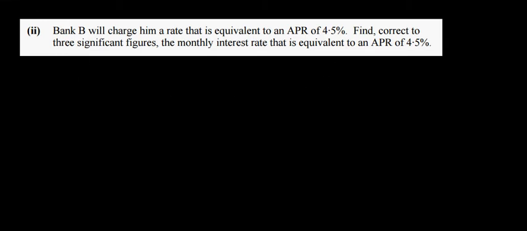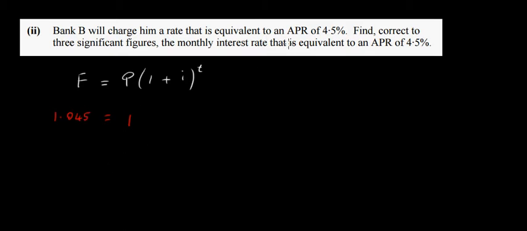So we're going to use F, our final value, is equal to our principal times 1 plus our rate as a decimal to the power of t. Now what we're going to do here then is again I'll use €1 here, and on this side then, because this is our annual rate, that's going to amount to €1.045.